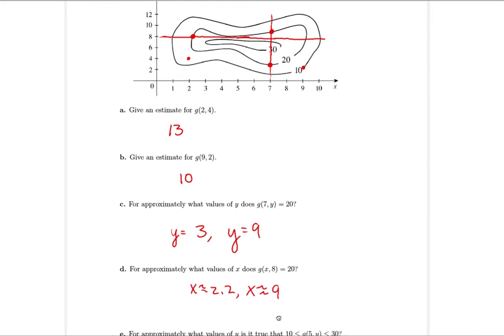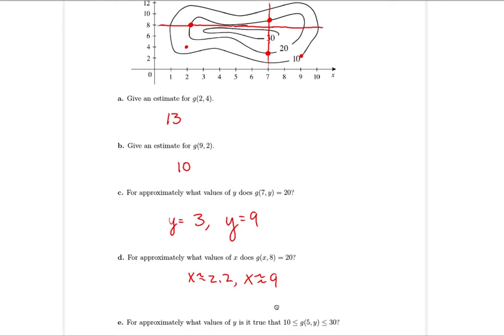All right, then lastly it says, for approximately what values of y is it true that the function when x equals 5 is between 10 and 30? We can do a similar picture as for the last couple. Since we're talking about only x equals 5, we'll draw this vertical line here. We want to be between 10 and 30, so let's use a different color.